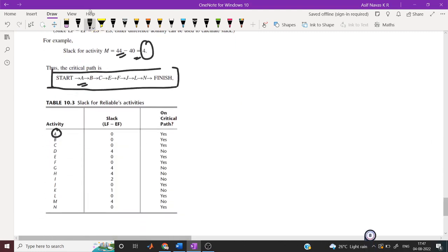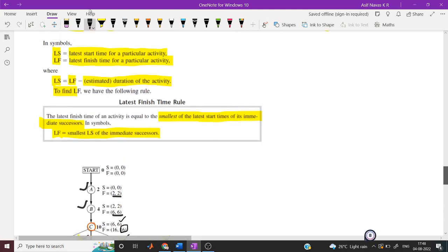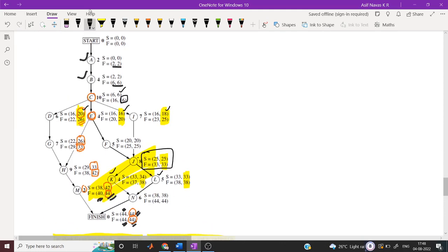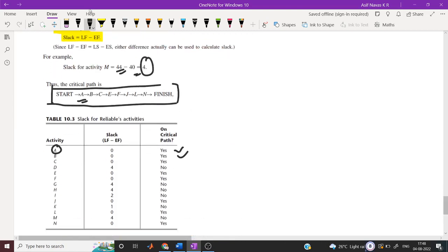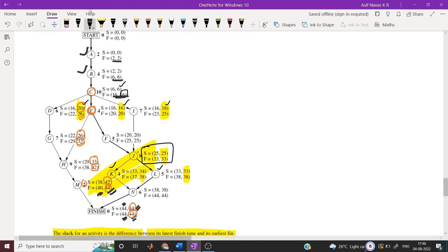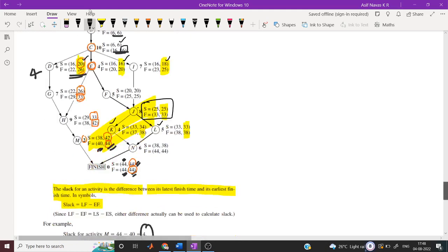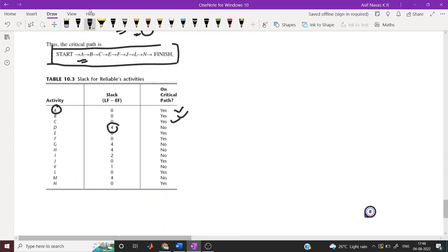So A and B in the critical path have 0 slack. For C, 16 minus 16, 0, so C is also in the critical path. Now D: the slack is 4, so that is not in the critical path.